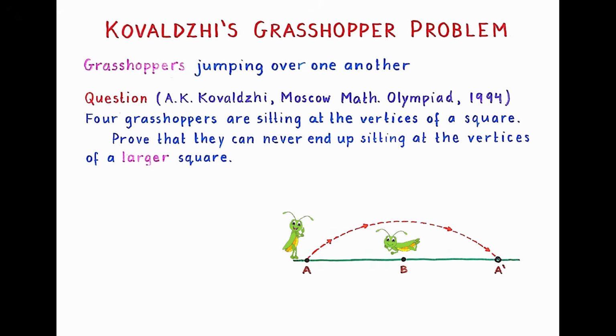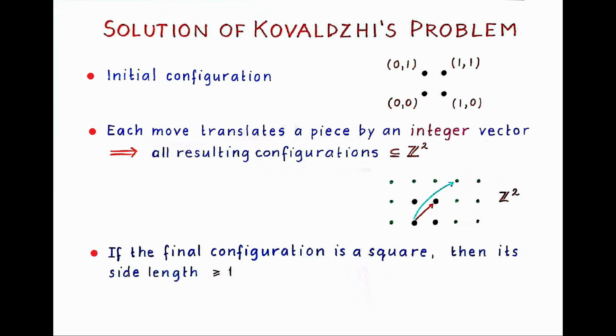The question is that you have to prove that they can never end up sitting at 4 points that determine a larger square. Now I need to tell you the solution, otherwise the whole thing doesn't make sense. So this is the initial configuration, right?